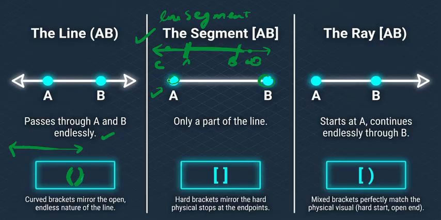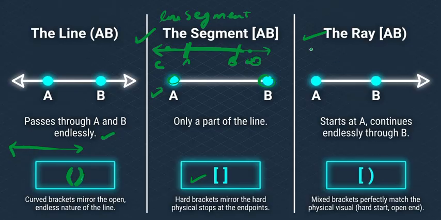It means a line segment has a starting point and an ending point. Okay, so this bracket is used to show that the end point and the starting point are included in the line segment.